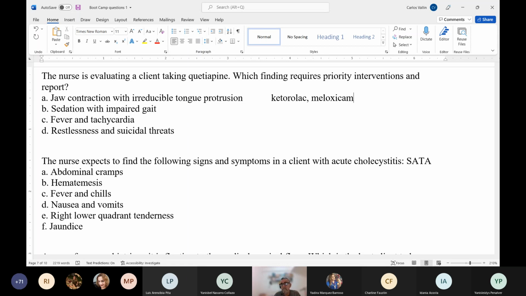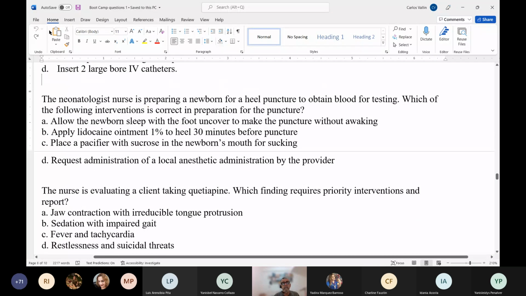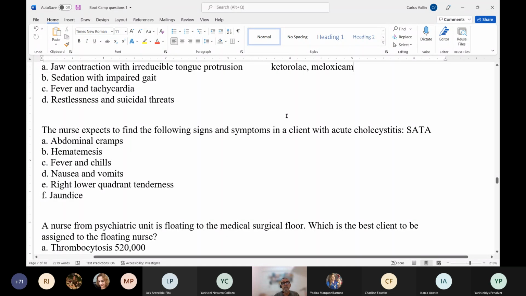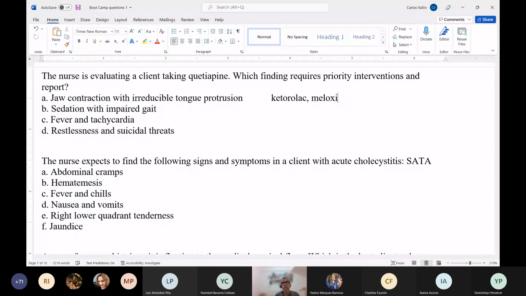They say ibuprofen, naproxen, even indomethacin, maybe diclofenac. The ones people have more problem relating to NSAIDs by name are ketorolac and meloxicam. Now it is going to be a very easy question: the patient is receiving meloxicam or ketorolac. What is the most important adverse effect? GI bleeding. So that's it.